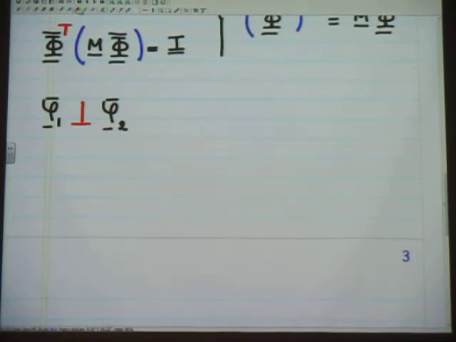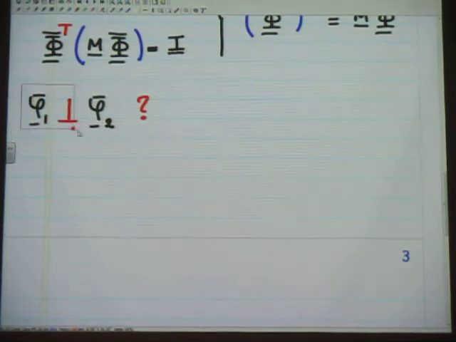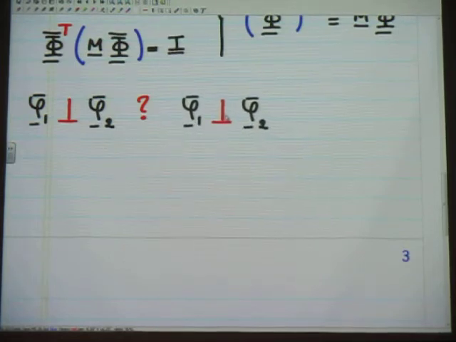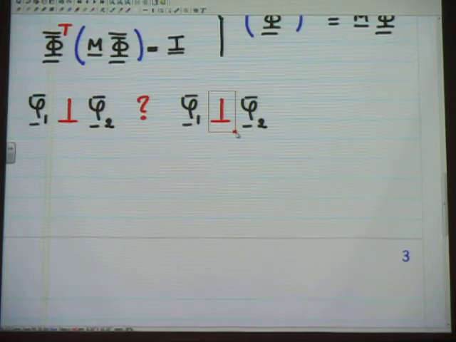And this is a question. So Kevin said, well, take the dot product. So you replace this transpose T here with a dot product. And you check whether it's 0 or not. Right? Is it the right method?